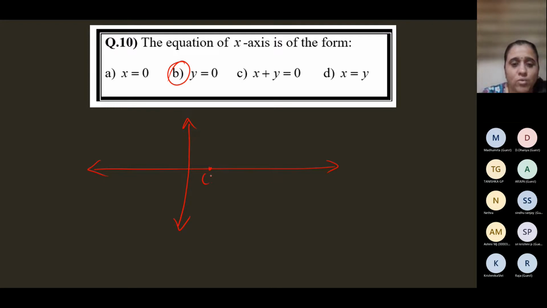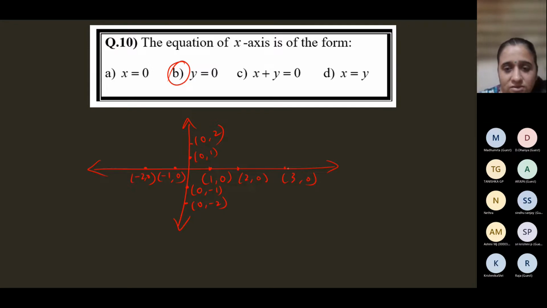On the x-axis, this point is given by 1, 0. This is 2, 0. This is 3, 0. And on this side, we have minus 1, 0, then minus 2, 0, and so on. On the y-axis, it is 0, 1, 0, 2, and so on. And below we have 0, minus 1, 0, minus 2, and so on. So what do we observe?